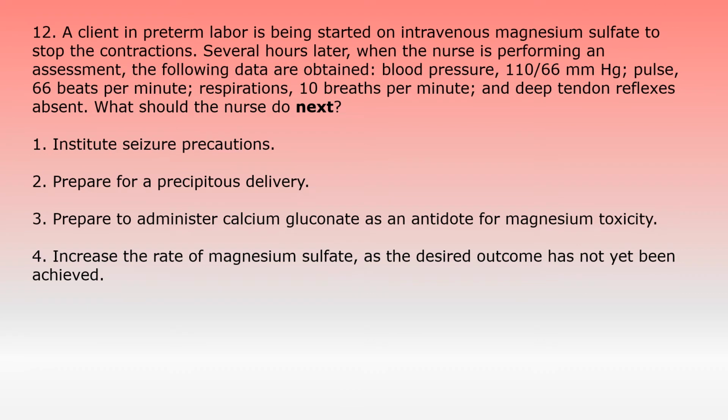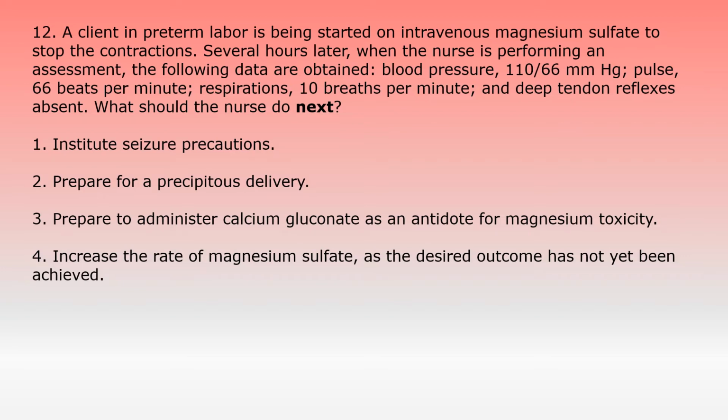12. A client in preterm labor is being started on intravenous magnesium sulfate to stop the contractions. Several hours later, when the nurse is performing an assessment, the following data are obtained: blood pressure, 110/66 mm Hg; pulse, 66 beats per minute; respirations, 10 breaths per minute; and deep tendon reflexes absent.